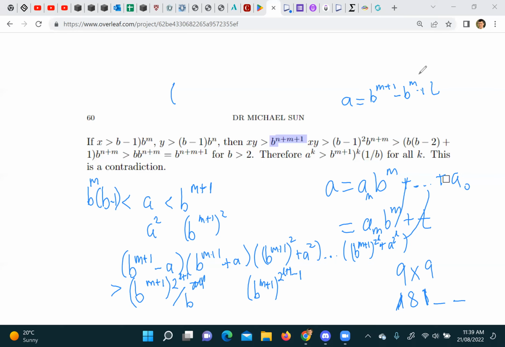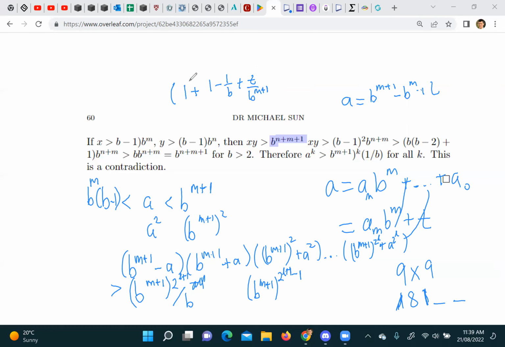Then if you factor out the b to the m plus 1 from each of these factors, you get 1 plus 1 minus 1 on b plus t on b to the m plus 1.